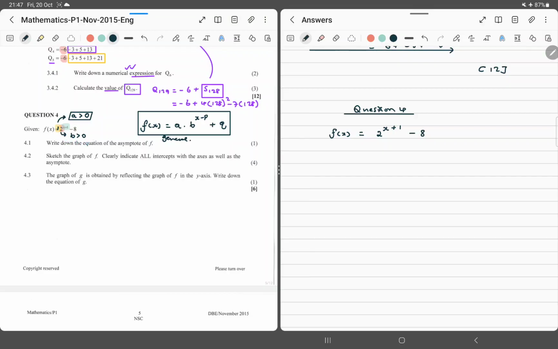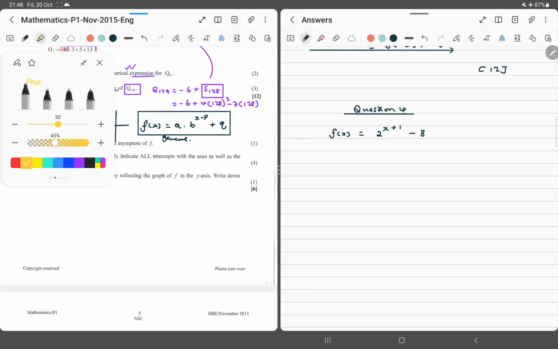So let's see, now look at our base. Our base is greater than 1. So what is that supposed to say? If our base is greater than 1, together with an a value that is greater than 0, it means our exponential function is a function that appears above the horizontal asymptote.